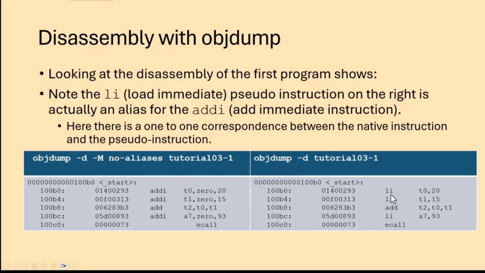In this case, it's going to be fairly straightforward. This load immediate will translate across into add immediate. Then we look at the add instruction. And then load immediate here translates into add immediate a7 with a 0 and 93. And, again, we're going to go through a little bit more complexity in a moment.